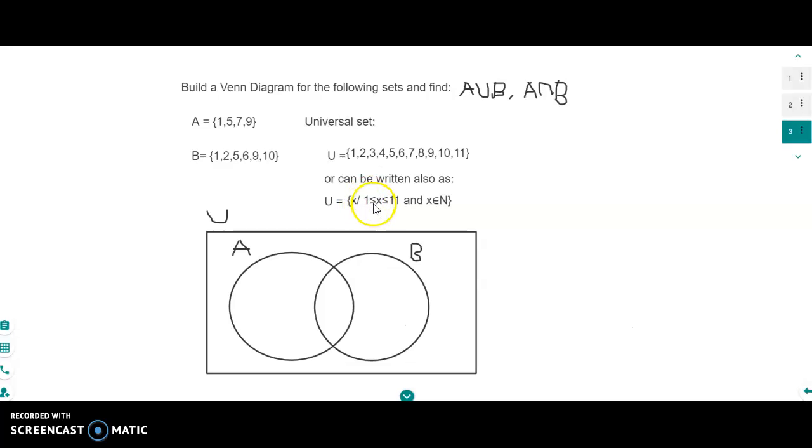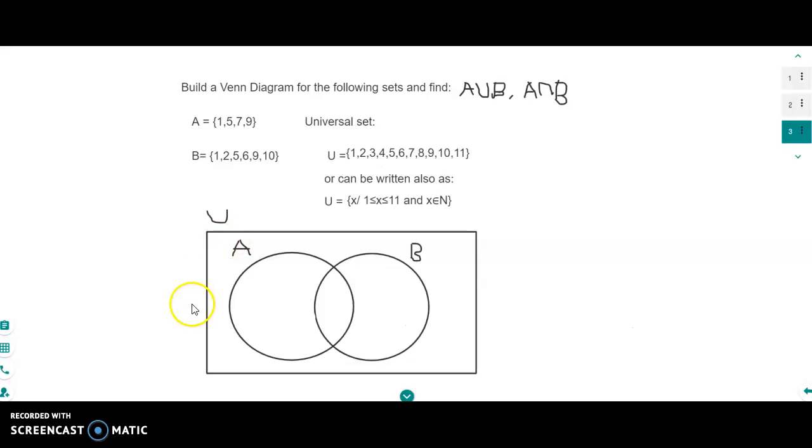Between 1 and 11 is the same as this, because we write the natural numbers that are between 1 and 11: 1, 2, 3, 4, 5 until 11. This is actually the same thing, so you don't get confused with this notation. We already learned last week about roster notation and set builder notation. If you want to review that, you can check the last videos.